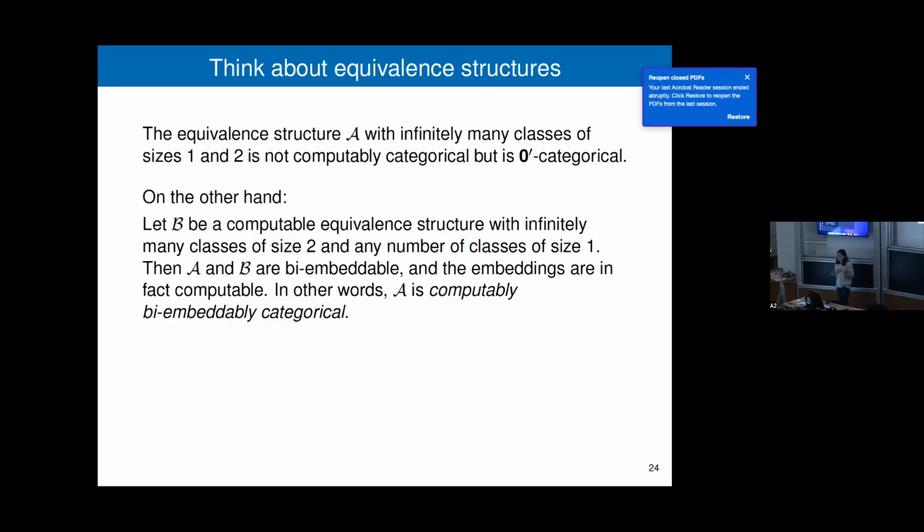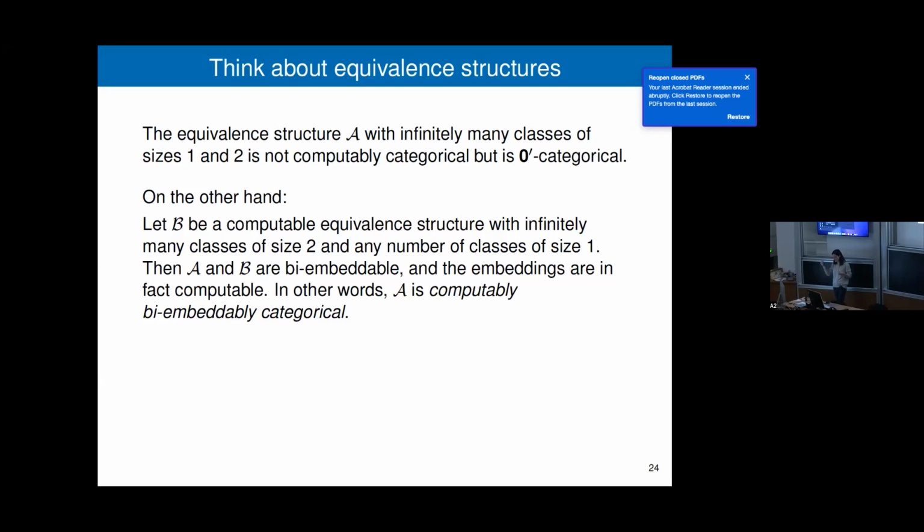On the other hand, if we consider any equivalence structure which has infinitely many classes of size 2, and we do not care how many classes of size 1, it will be bi-embeddable with this structure A as above. And actually, those embeddings will be computable. We just send all the classes into classes of size 2 always.